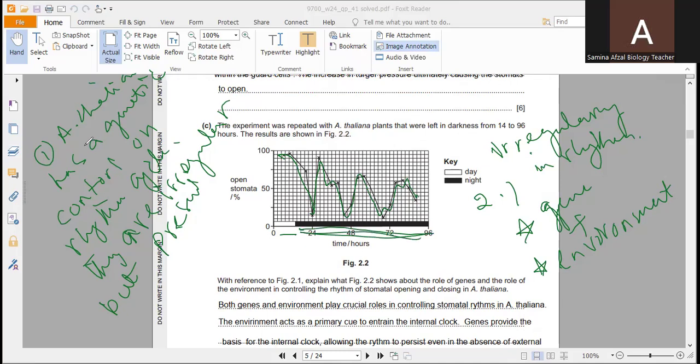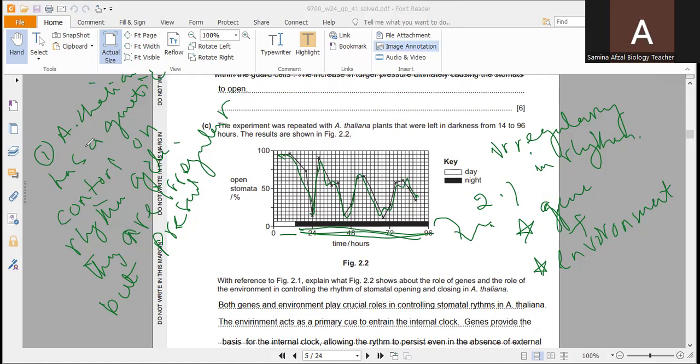Due to the cyclic rhythm in darkness, it means this rhythm was present in the genes. It is the genetic expression. So environment also plays a role, but not to the extent that the genetic expression does.